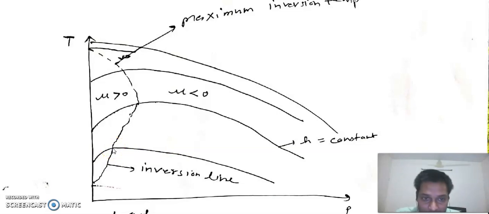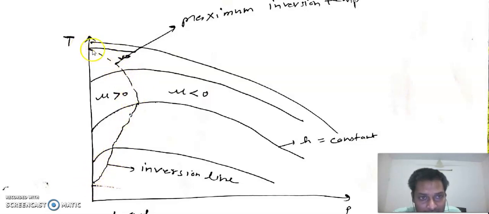Here there will be inversion of the slope of the line from positive to negative. So here the value of slope will be 0. If we combine these 0 slope points, then we will get this graph, this line.